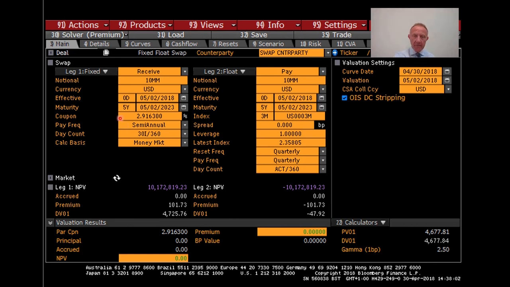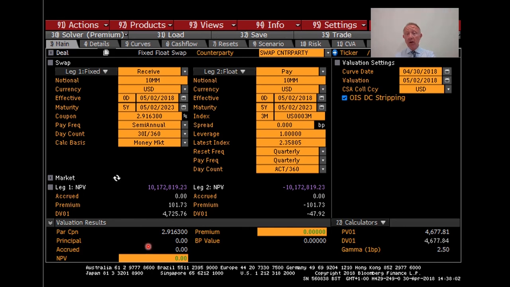On the floating leg, it's based on US treble 3M, which I happen to know is 3-month LIBOR. Because it's 3-month LIBOR, the payments are actually going to be quarterly. And the latest US dollar LIBOR fix for 3 months is 2.35%. Now, the value of the swap initially is 0, and you can see that down the bottom here.